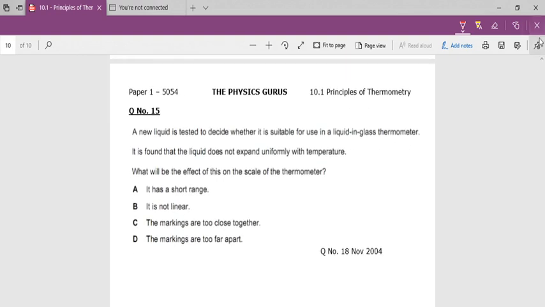And then the last question from your assignment, question number 15. A new liquid is tested to decide whether it is suitable for use in the mercury in glass thermometer or not. It is found that the liquid does not expand uniformly. So this certainly does not belong to sensitivity. This certainly does not belong to range.